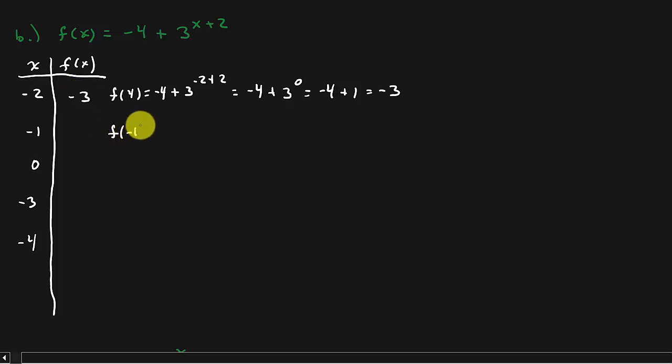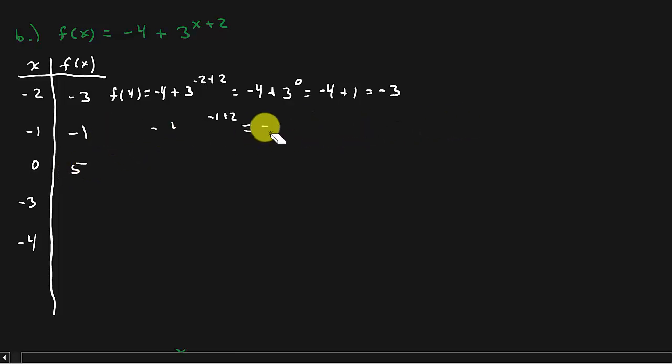And then I've got f of -1, which is -4 plus 3 to the -1 plus 2, which is -4 plus 3 to the first, which is -4 plus 3, which equals -1. Okay, and so on. If we plug the 0 in, that's -4 plus 9, which would be 5.